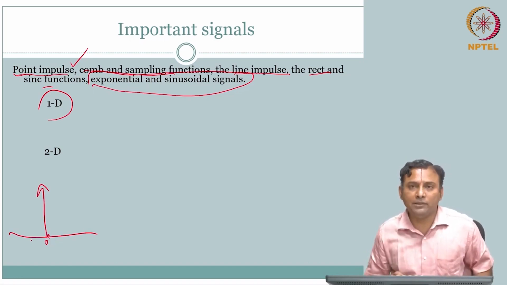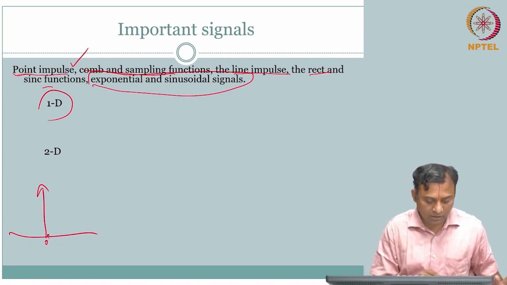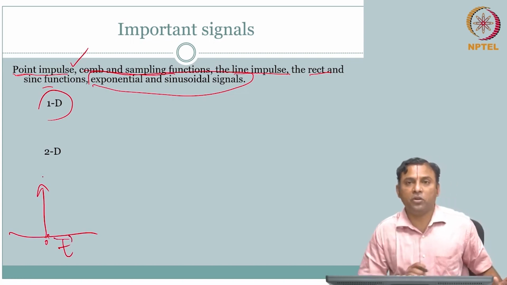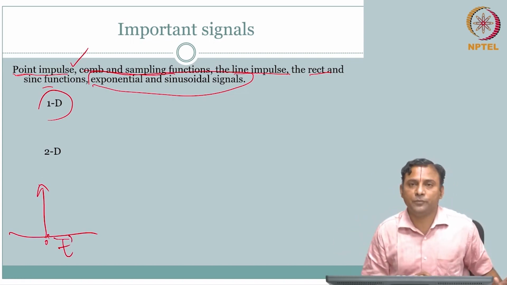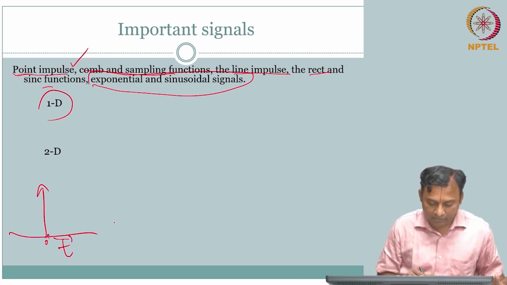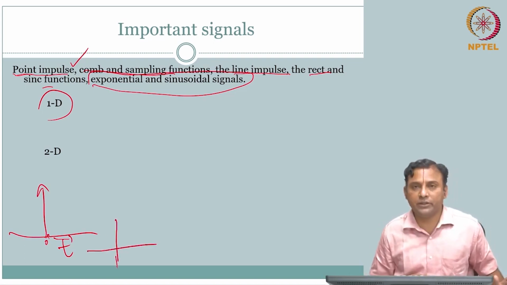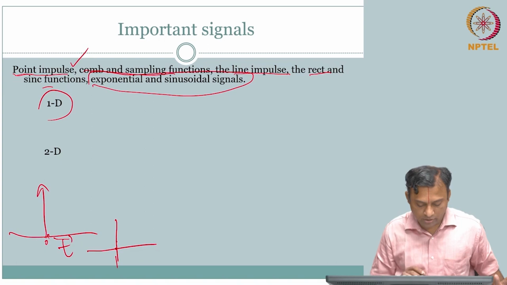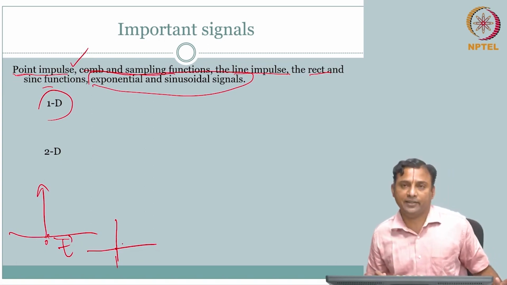What is a point impulse? Same concept, instead of 1D. For example, this was 1D. At t equal to 0, you have everything packed. So that is your impulse, Dirac delta, whatever you want. A point is going to be when I have two dimensions, at the origin. At the origin, that is a point.